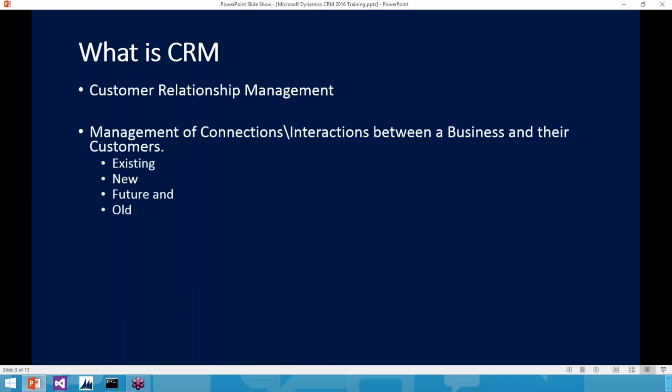So what kind of customer relationships do we encounter with businesses? Normally, anything can be tracked as a customer relationship. It can be an interaction, or a connection you're trying to establish with a prospect, with a new client.